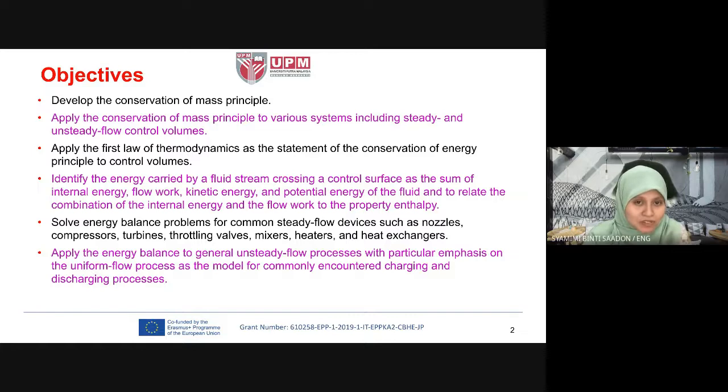The statement of conservation of energy is the same as the first law: energy cannot be destroyed or created, so energy is conserved.